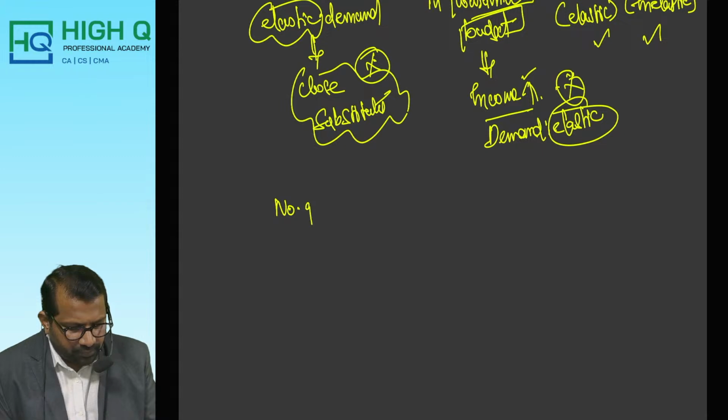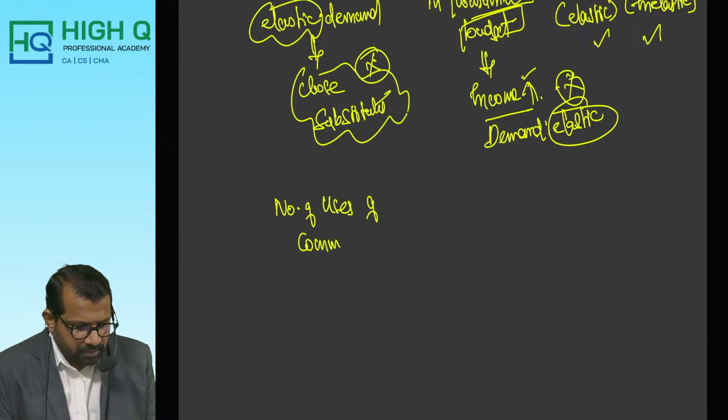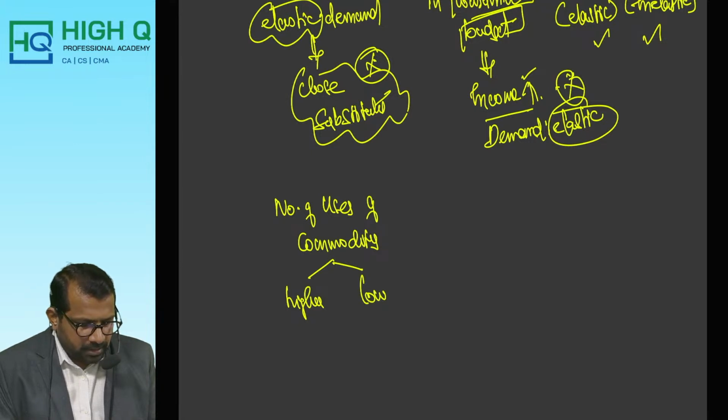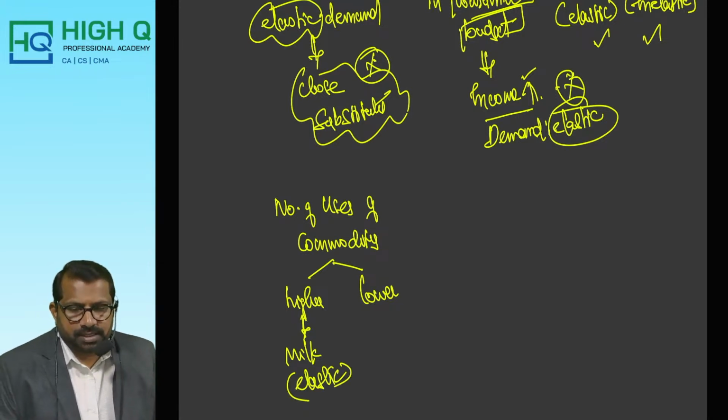Next, the number of uses of a commodity. Higher number of uses means higher elasticity, lower means lower elasticity. For example, milk is elastic.